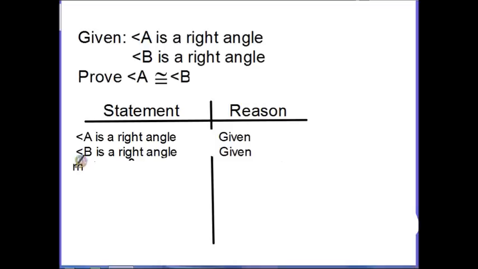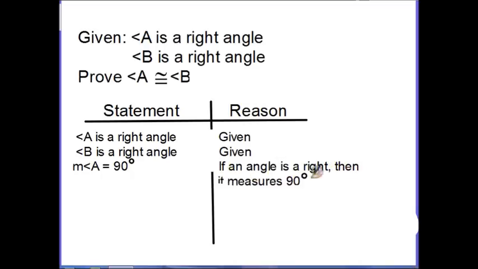Okay, here we go. Next thing that we have is the measure of angle A is 90 degrees. We can say that. Why? Because if an angle is a right angle, then it measures 90 degrees. That's our justification. Next, we can say the measure of angle B is also 90 degrees. The reason?